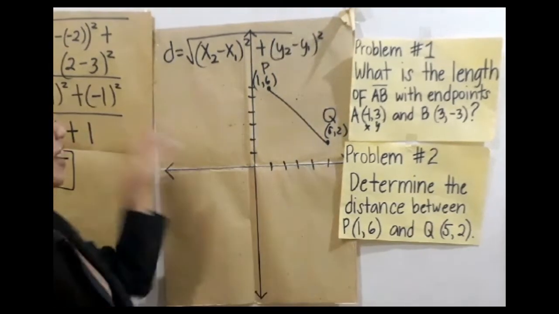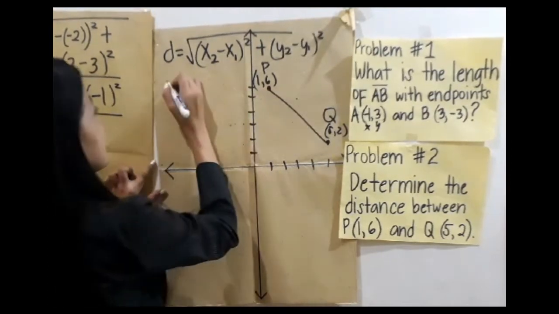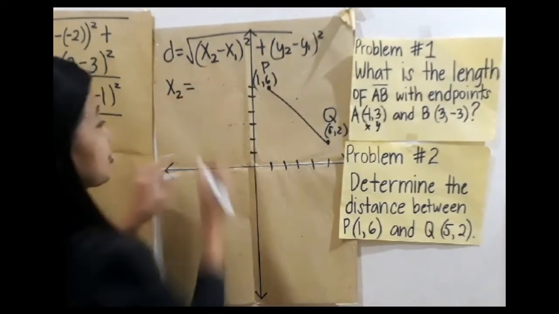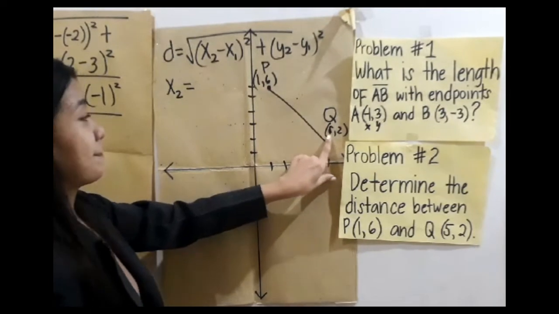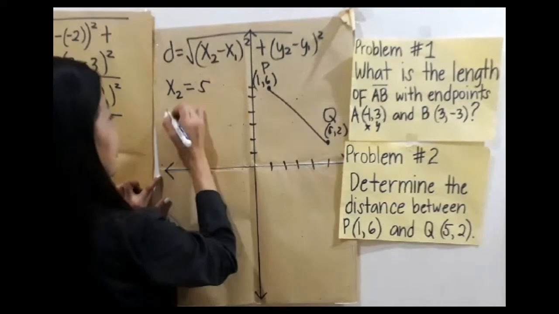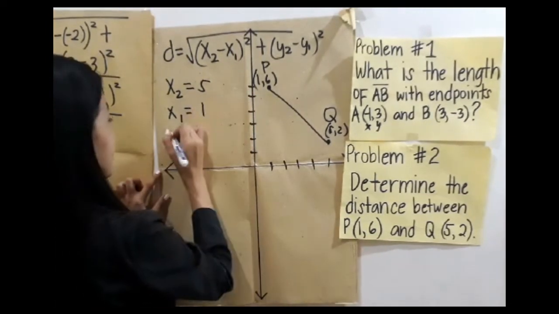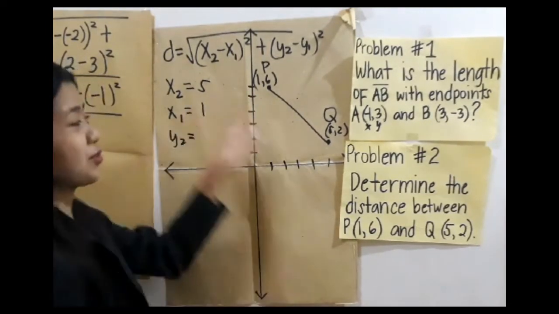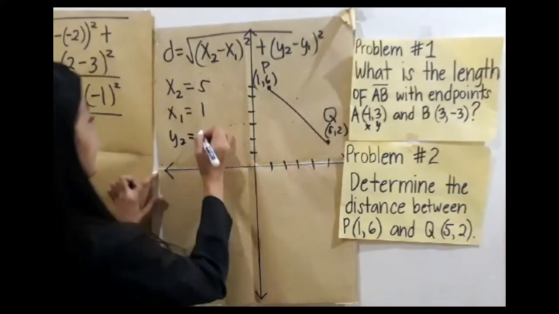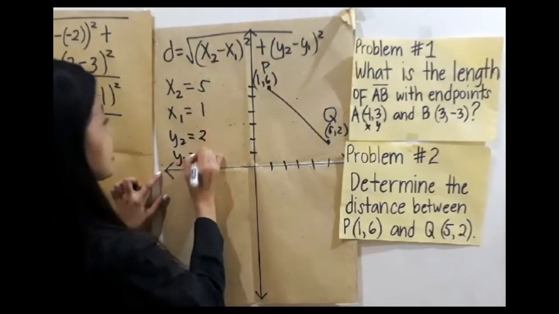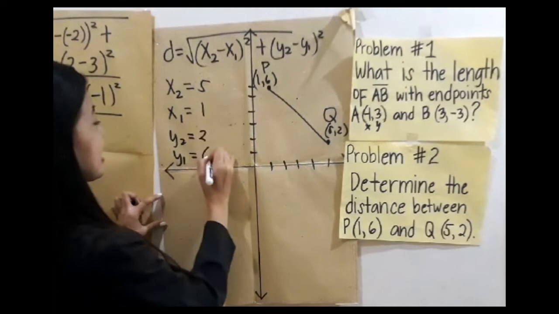And we have to get the value first of the variables. So x sub 2 is equal to positive 5. And our x sub 1 is equal to positive 1. Our y sub 2 is equal to positive 2. And our y sub 1 is equal to positive 6.